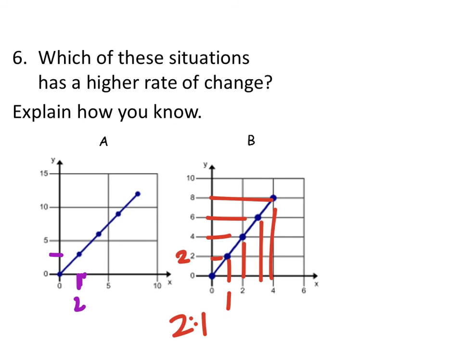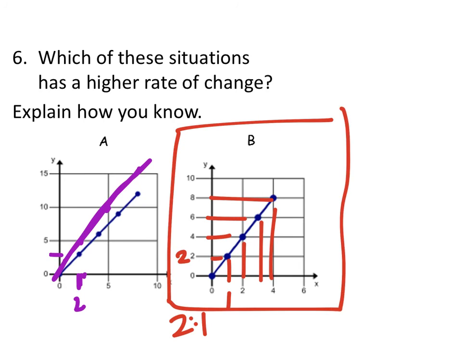So a 2 to 1 ratio would have been like right here, or even like right here, right? So a 2 to 1 ratio shows a steeper line, which means that the B graph shows a higher rate of change. It's the B one.